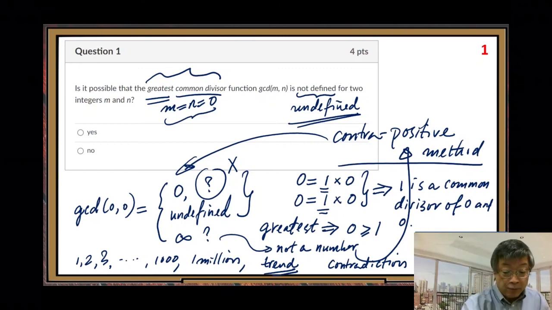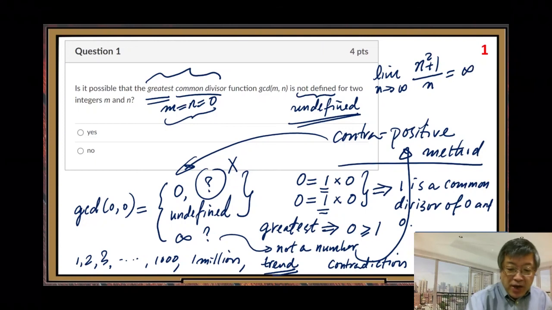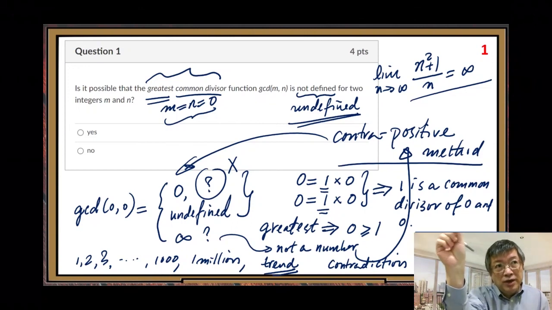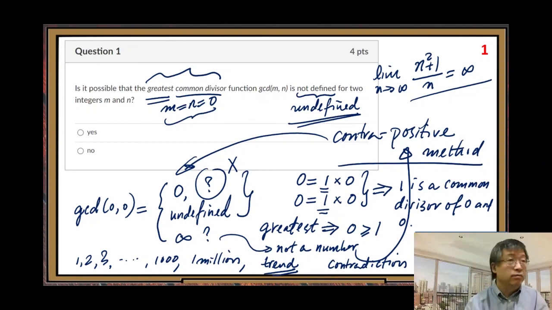The meaning of a limit equaling infinity has a rigorous definition, which you can find from calculus. Anyone can find it easily, so I do not need to mention it. But it's not a number. It is a trend.